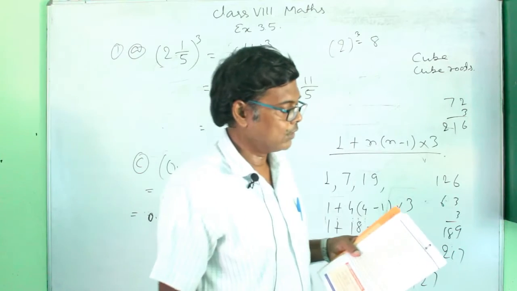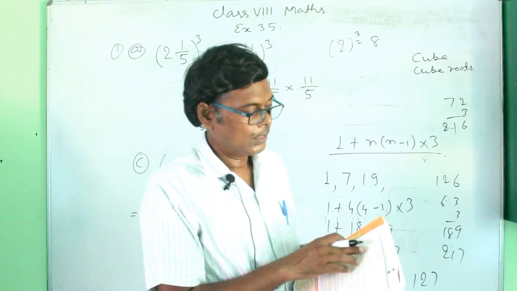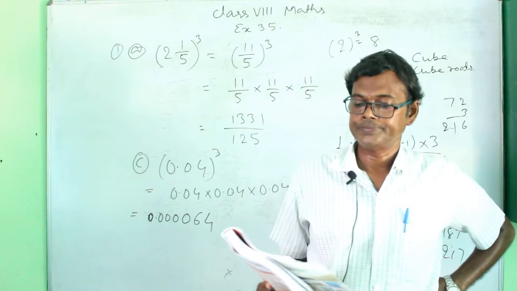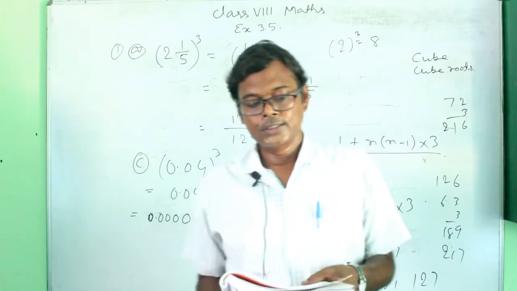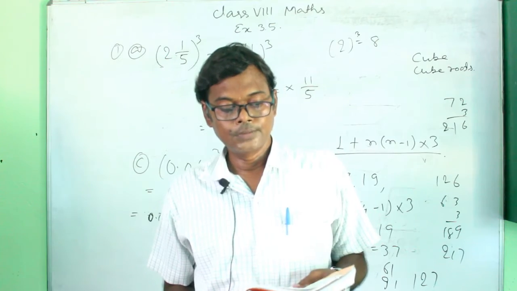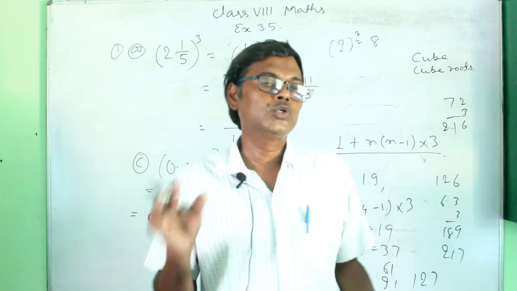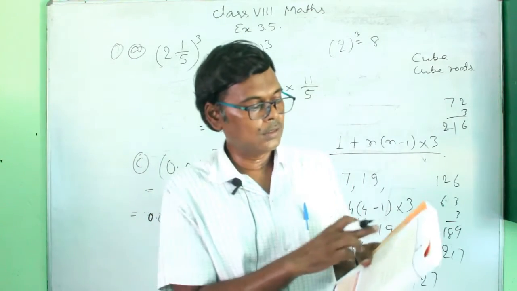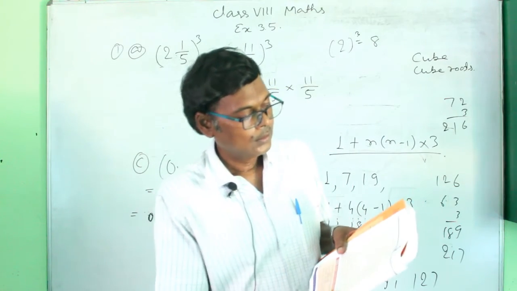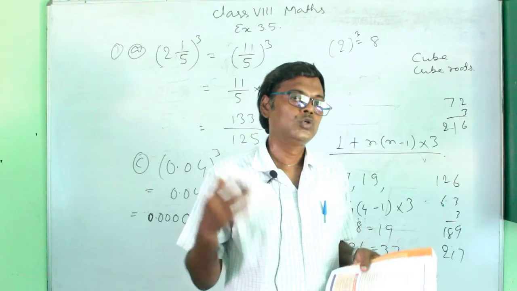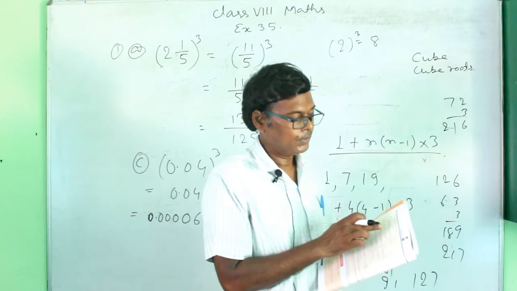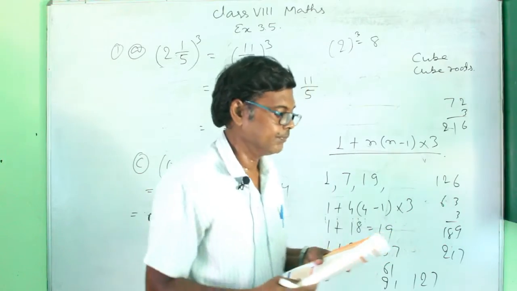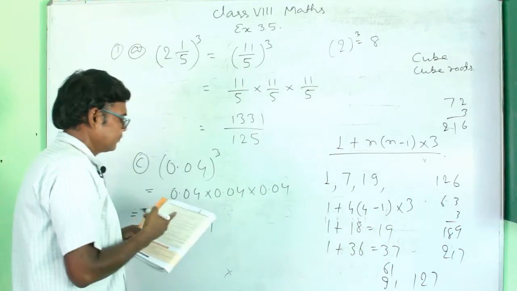So now you can easily find out which of the following numbers are cubes of even numbers. You will see whether the number is even or odd. See question number 2 in the book.